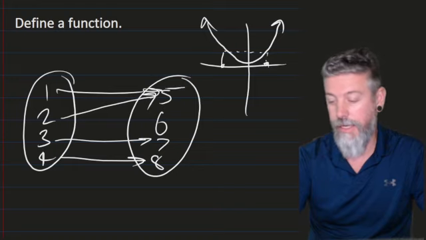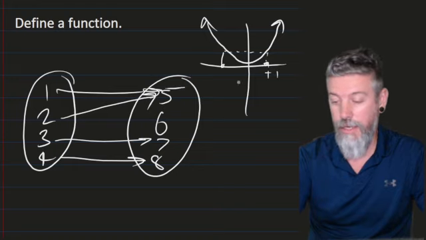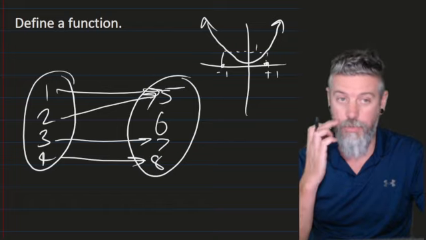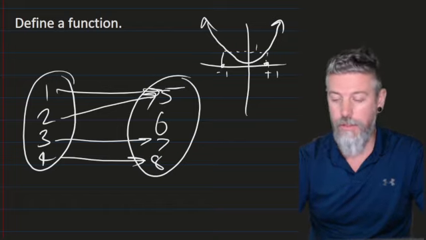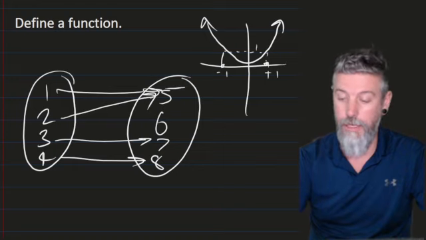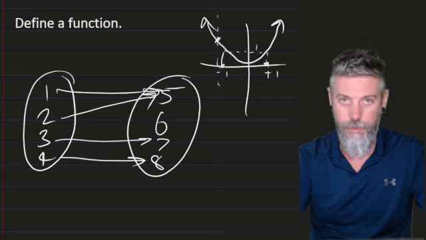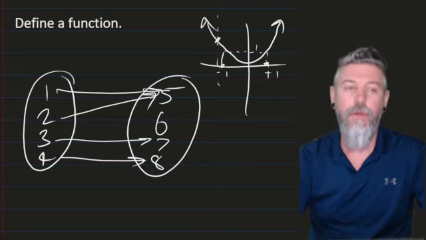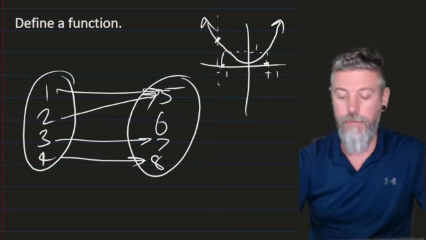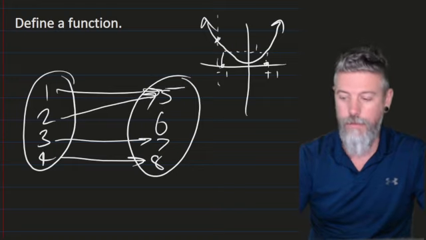So here, let's say it's +1 and -1. Both get out +1 on a standard parabola. That's okay. It's still a function because it's passing the vertical line test everywhere. It only has one y value for every x value. So that's okay if two x values give the same y value.